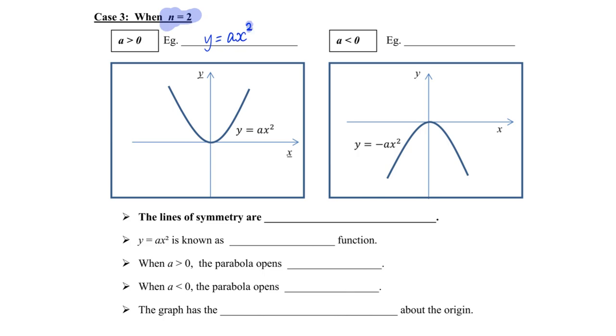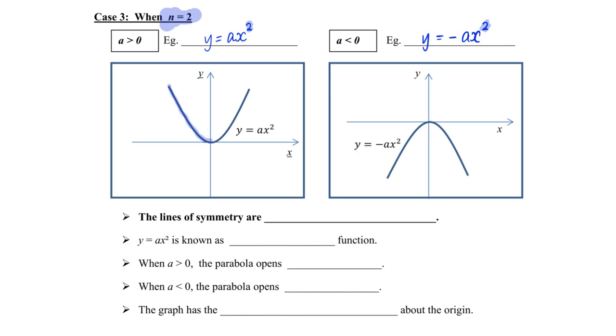And if a is negative, then y will be equal to negative x to the power of 2 as well. We have seen such questions before, and the shape is what we have seen before as well.